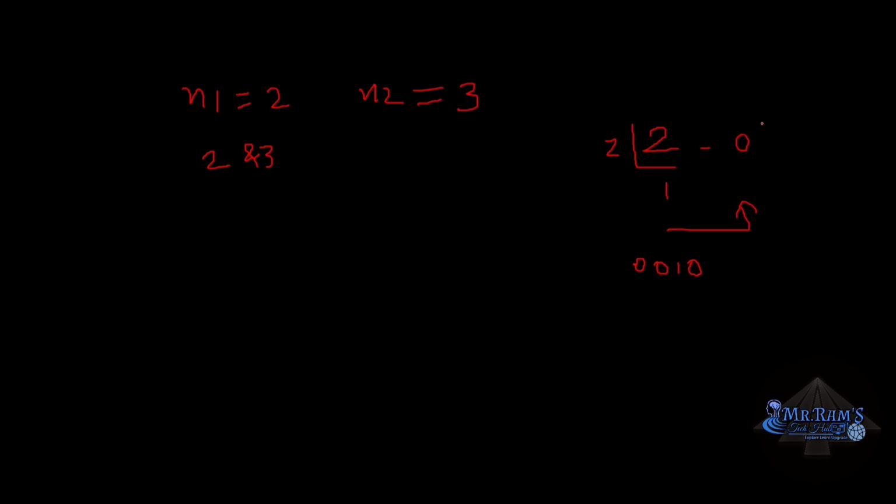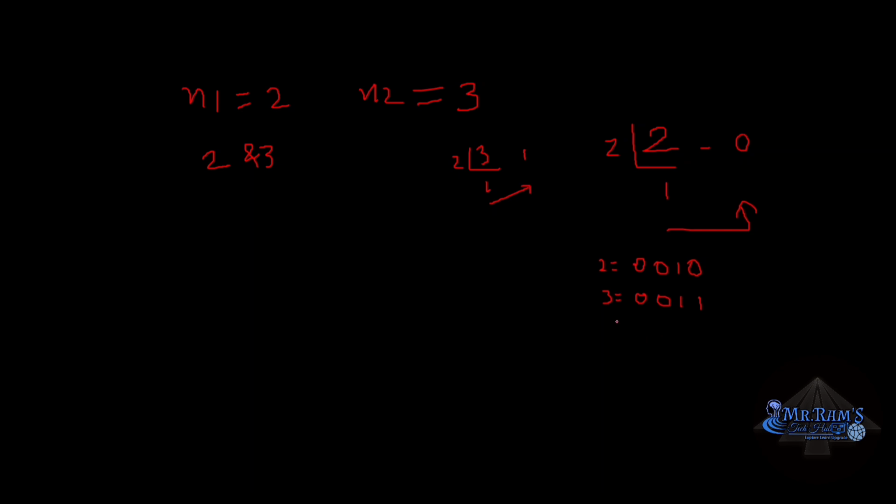Similarly, let us do 3. 2 ones are 2, 1 is left, so 0, 0, 1, 1. So this is the value of 3, and this is the value of 2 in binary.